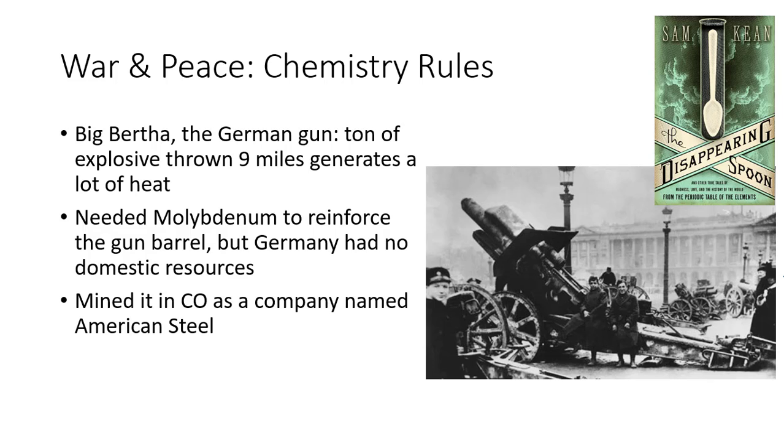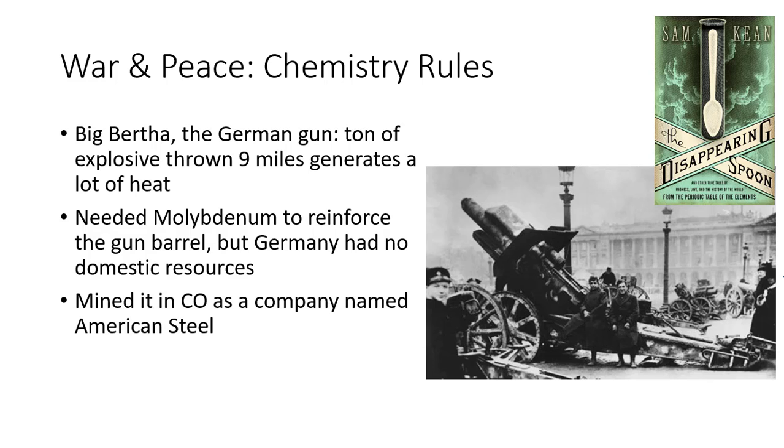So you need some other element to sub in and give the metal a different set of properties. That's the whole purpose of an alloy, changing in other elements in order to give the structure as a whole different properties. So they needed molybdenum to reinforce it.